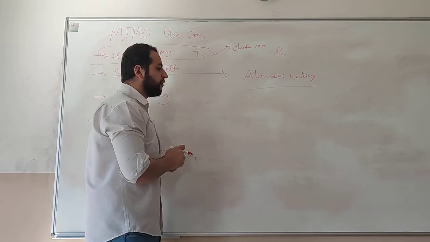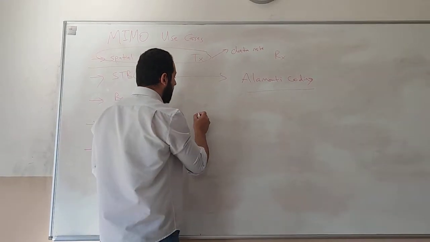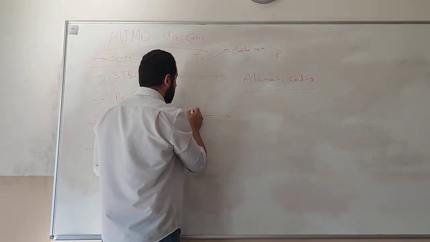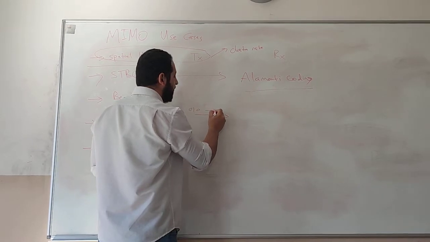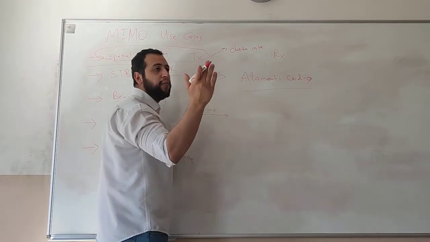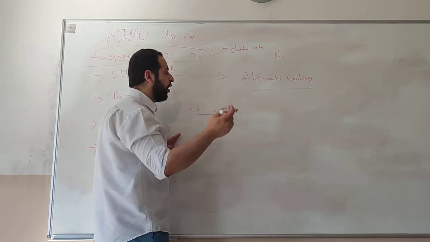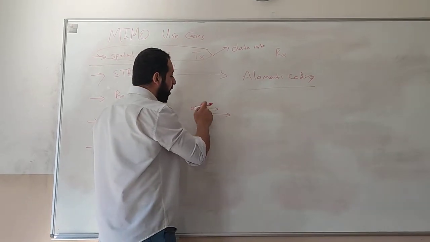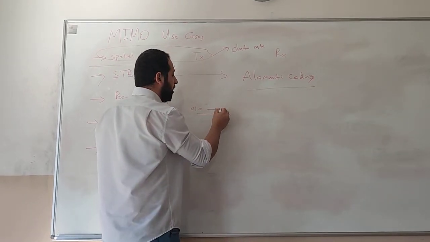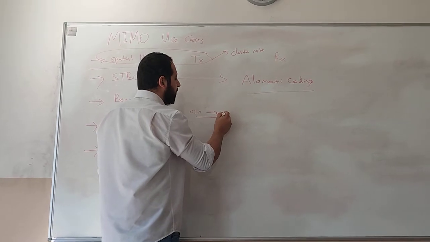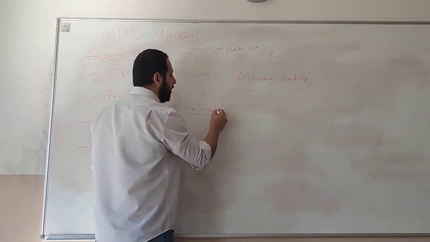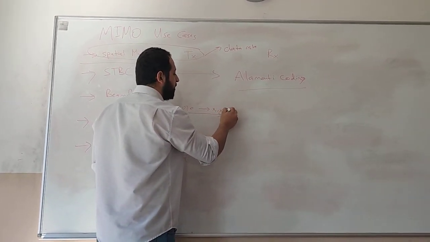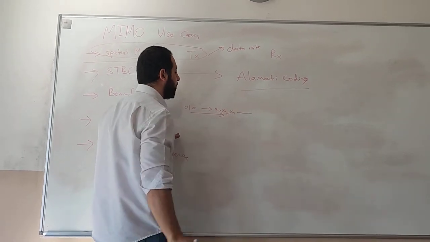So when you want to transmit your data, let's assume you have data coming in here, zeros and ones. You modulate them using QAM, 4 QAM, 16 QAM, whatever. And the output of the modulator is going to be a series of symbols, X1, X2, X3, X4, and so on and so forth.